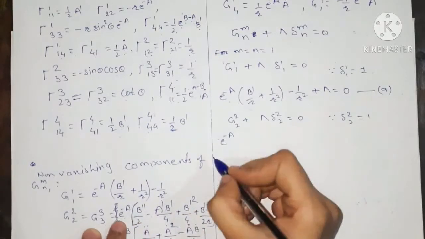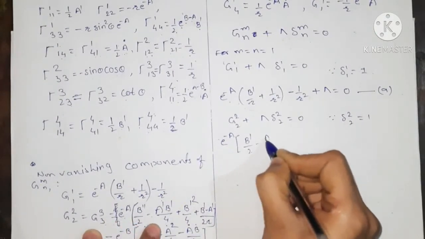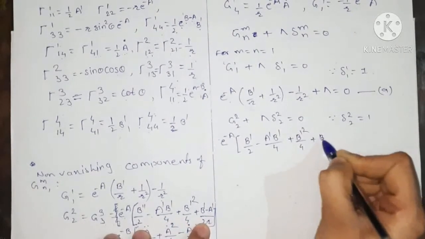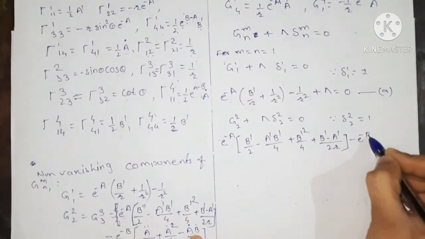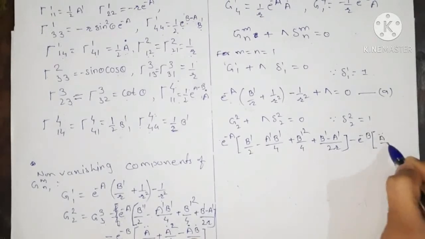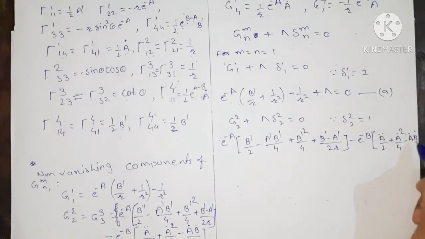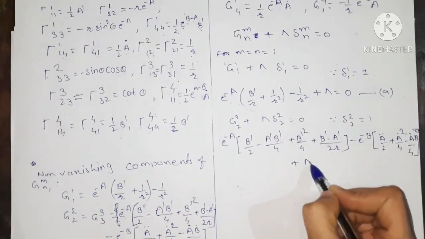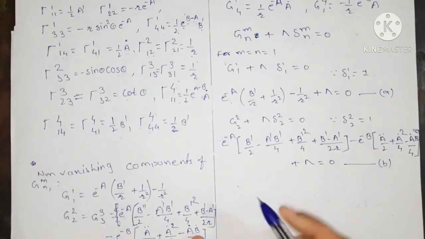So correct here, e to the power minus a in bracket we have b double dash upon 2 minus a dash into b dash upon 4 plus b dash square upon 4 plus b dash minus a dash upon twice r, bracket close, minus e to the power minus b in bracket a double dot upon 2 plus a dot square upon 4 minus a dot into b dot upon 4, and here bracket is closed, plus capital lambda equal to 0. Okay, so we have this as equation number B.